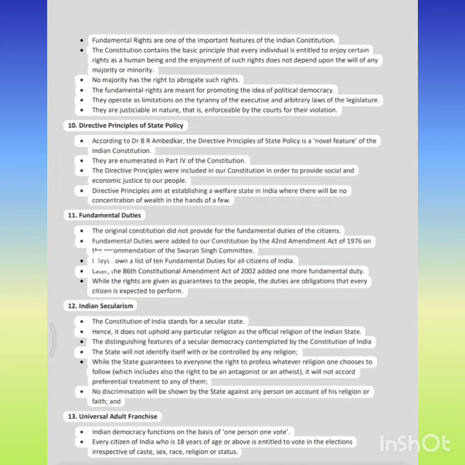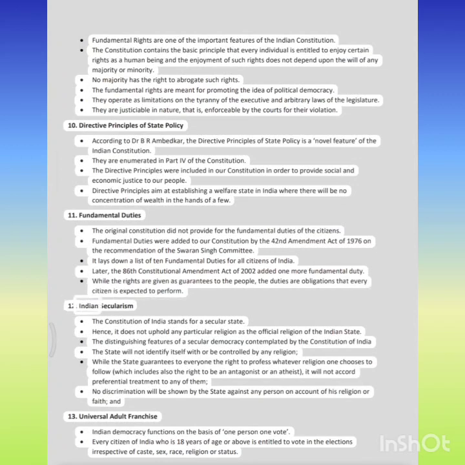It lays down a list of 10 fundamental duties for all citizens of India. Later, the 86th Constitutional Amendment Act of 2002 added one more fundamental duty. While the rights are given as guarantees to the people, the duties are obligations that every citizen is expected to perform.